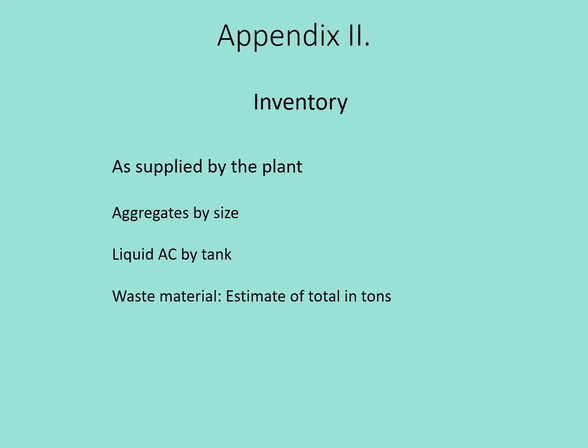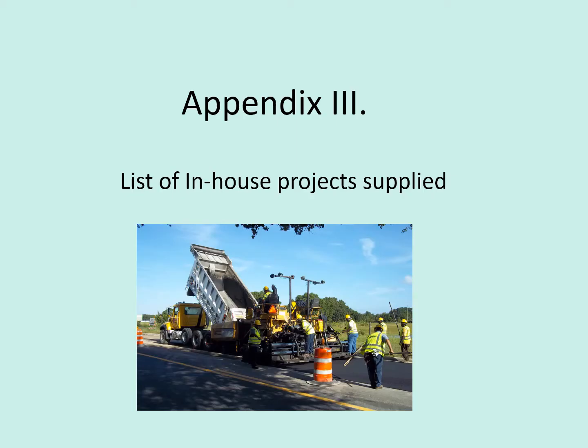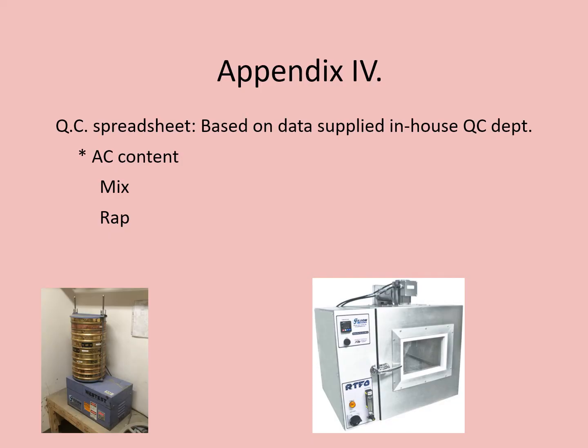As supplied by the plant, inventory for aggregate by size, liquid AC by type, and waste material in estimate in tons. Appendix 3. A list of all in-house projects supplied by the plant will be listed in this section. Appendix 4. Quality control spreadsheets that are supplied by the plant and provided to the log will be placed in this section. AC content, mixed designs, and percent of wrap.